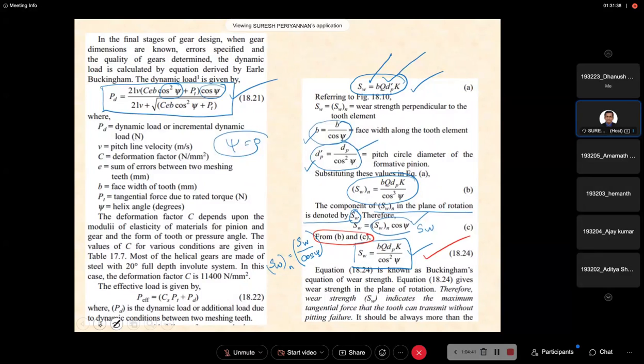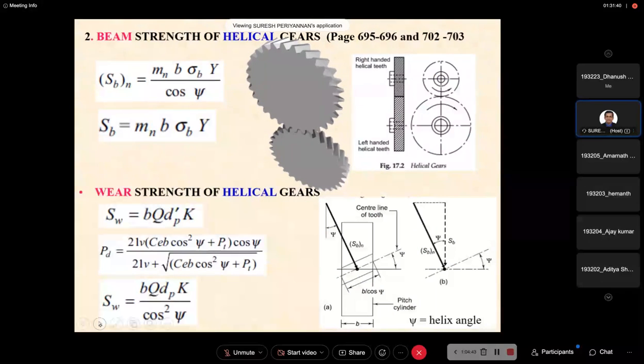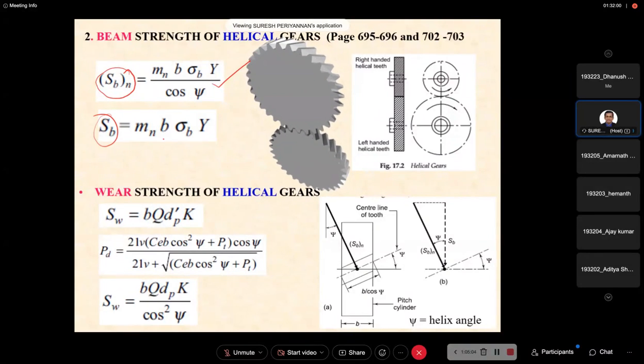Briefly, here SBN is our beam strength of helical gear: Mn into B into sigma B by Y by cos psi. This is our SBN with respect to the normal, as against the transverse direction.